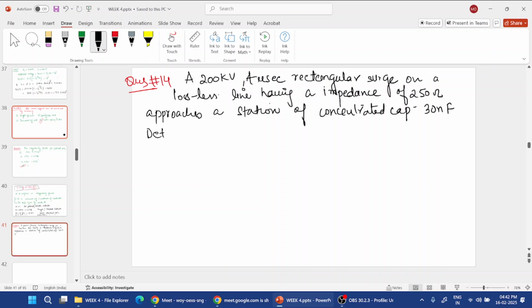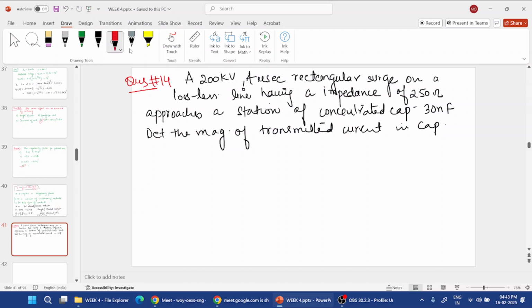Determine the magnitude of transmitted current. Before that, we calculated the reflected voltage, but now we are going to find the transmitted current in the capacitor. These are the options, in kiloampere: A 1.6, B 0.94, C 0.83, D 0.72.